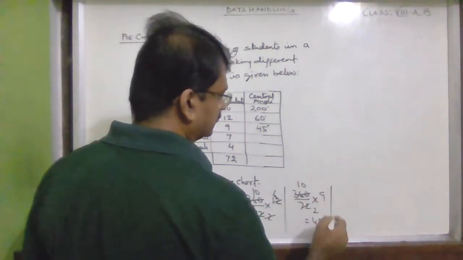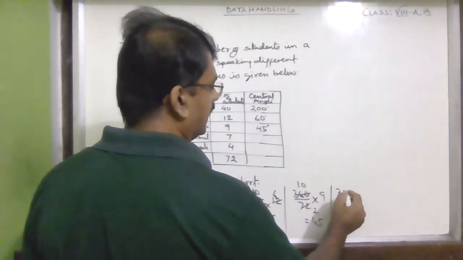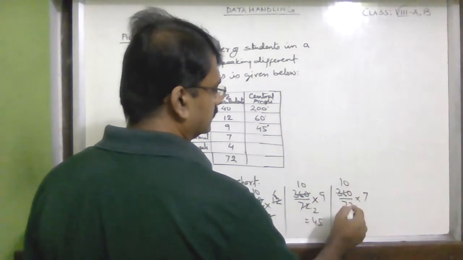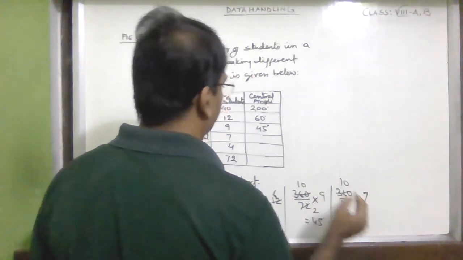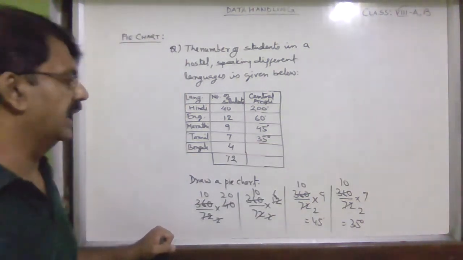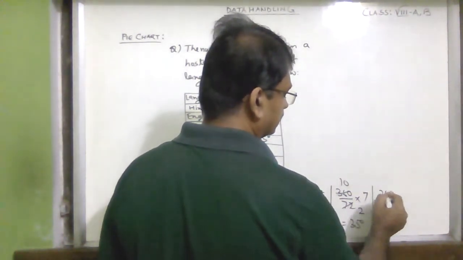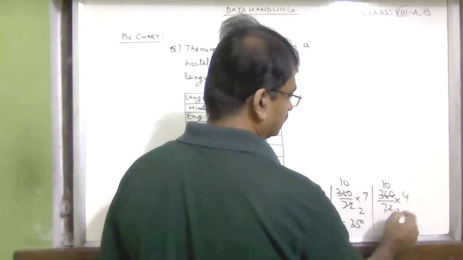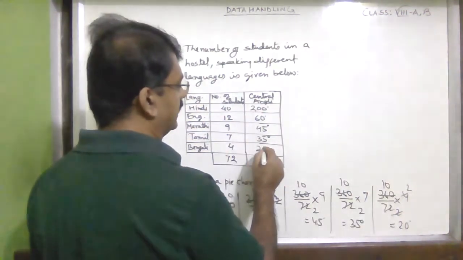Then 360 upon 72 into 7. 35 degrees. And the last one is 20 degrees.